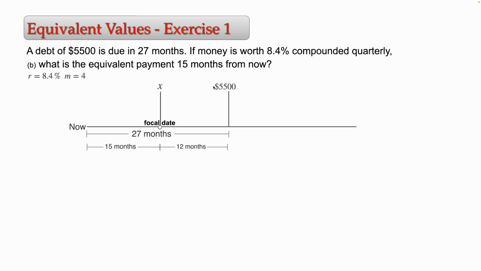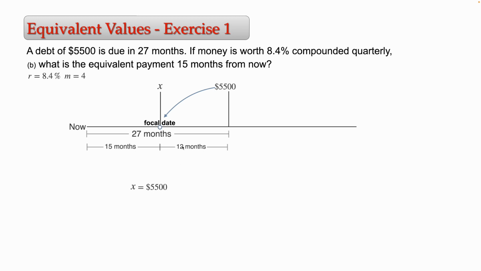So it will be moving this backward 12 months, and 12 months is actually 4 quarters. We need to count quarters. Remember, the exponent is the number of quarters in 12 months. So n equal 4, and the value of x will be x equal 5,500.